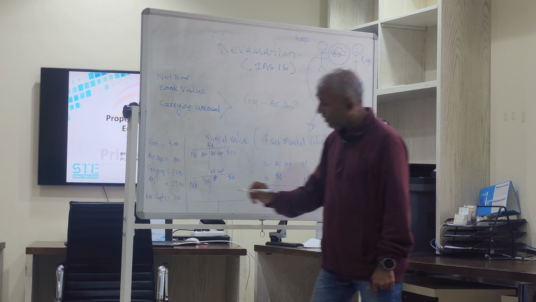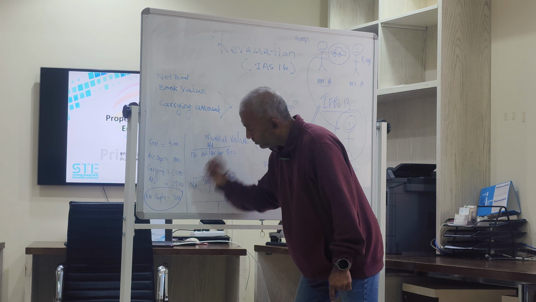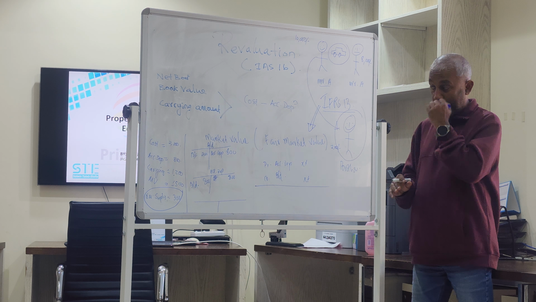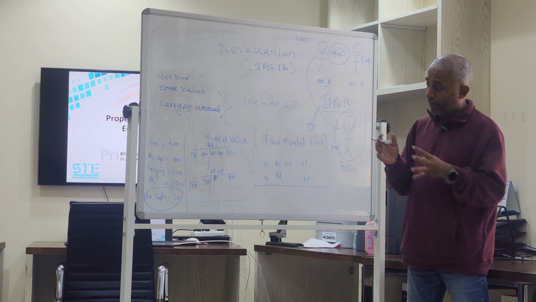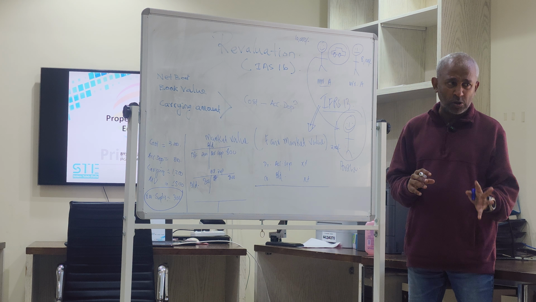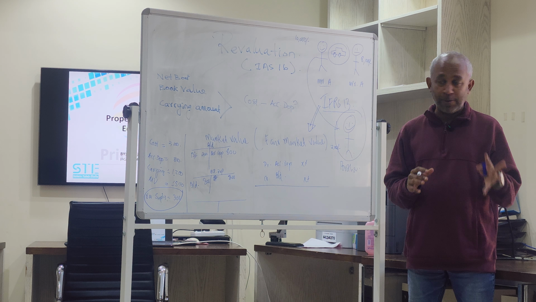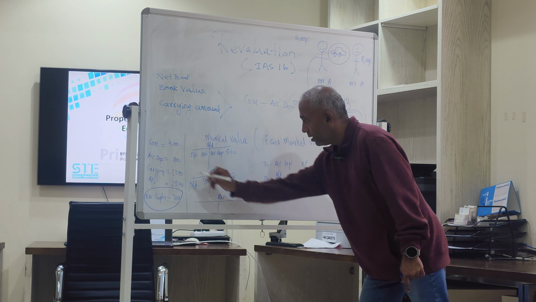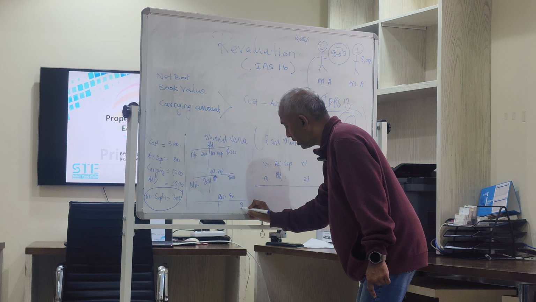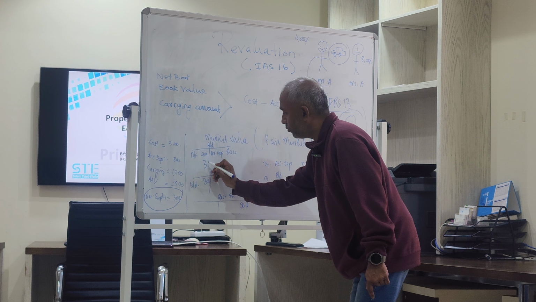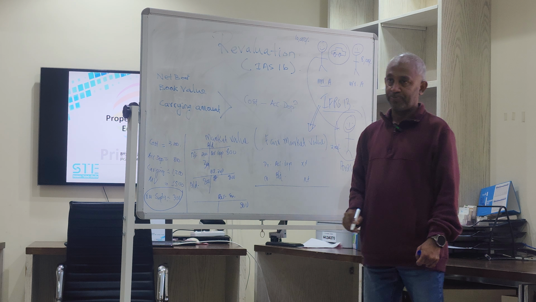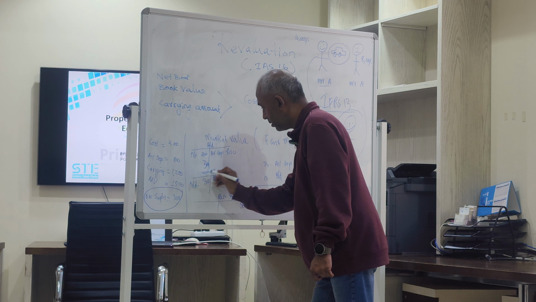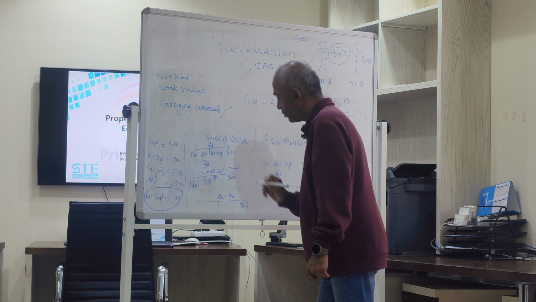Now what is the difference here? 300,000. Now is this 300,000 a good situation or a bad situation? It's a good situation. Surplus would result in revaluation surplus. So I would have 300 here and 300 over here. Now if you do that, can we balance this now?